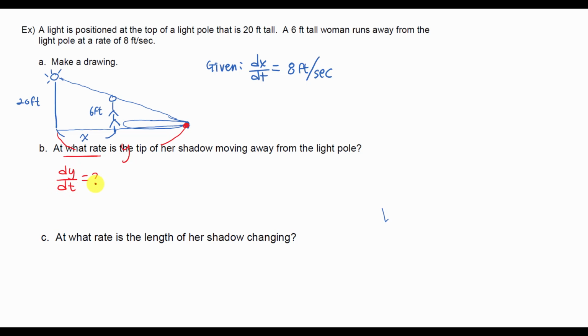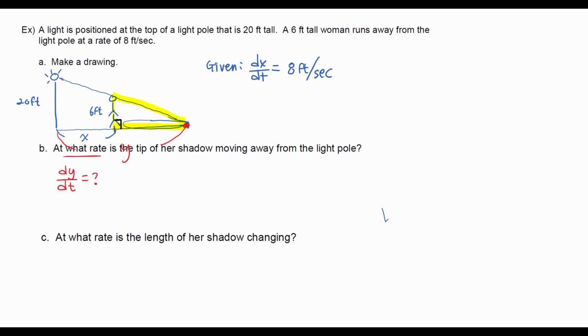Then how can I come up with an equation? The Pythagorean theorem doesn't work here, right? Because I have a bunch of variables, x and y, in one side of a triangle, and I only know the base, and I don't have a hypotenuse either. Instead, you can look at these two triangles. There is one triangle made by the tip of her shadow, the woman and the ground. This is a right triangle because the person, when standing, is perpendicular to the ground.